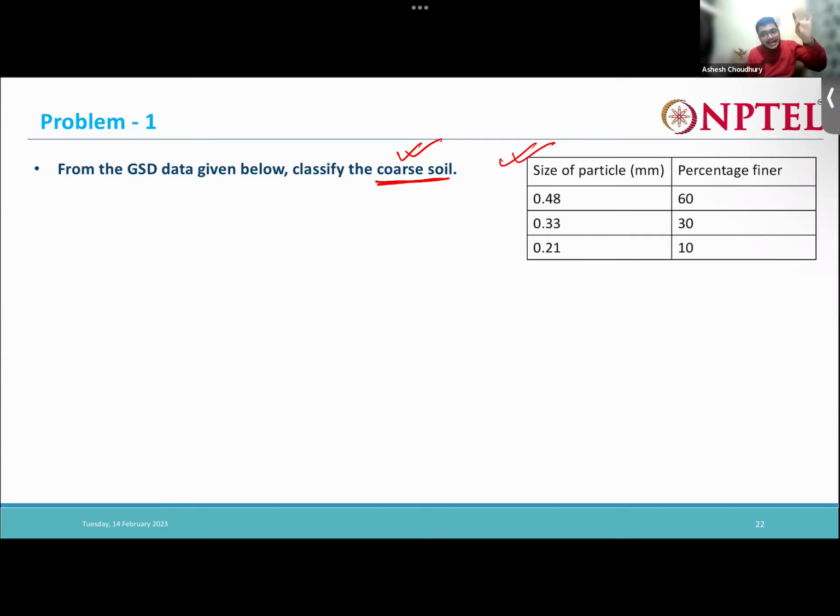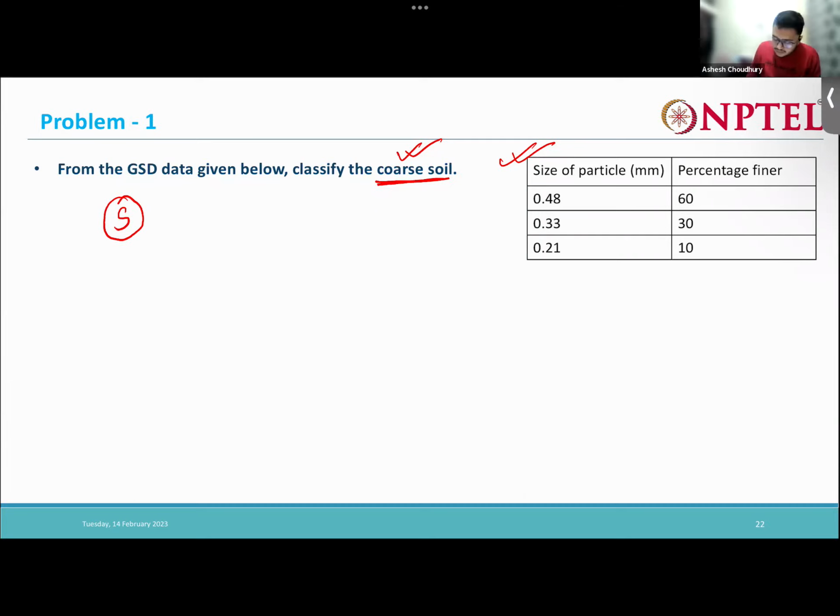Gravel is from 80 mm to 4.75 mm, right? So 60% is passing through 0.48 mm, which means obviously more than 50% is passing through 4.75 mm. Finer, so it will be sand. So the first part, we got to know that it is sand. Done.